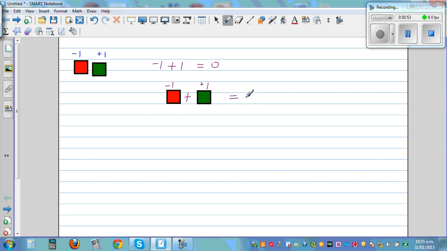This is one idea that you have to understand. So these two cancel each other out. If you have one red tile and one green tile, they cancel each other out and you get 0. So let's start with a very simple example.